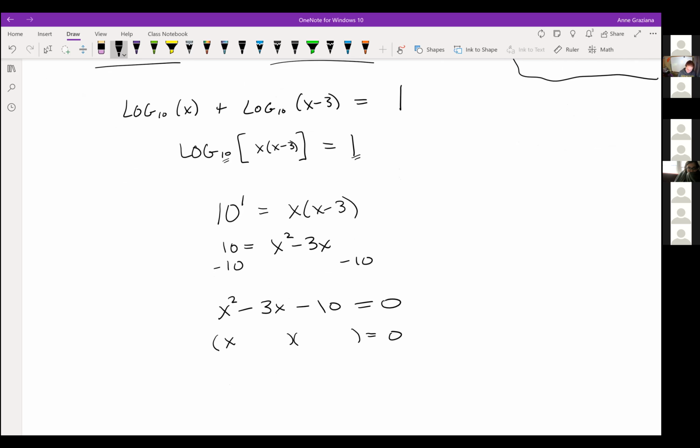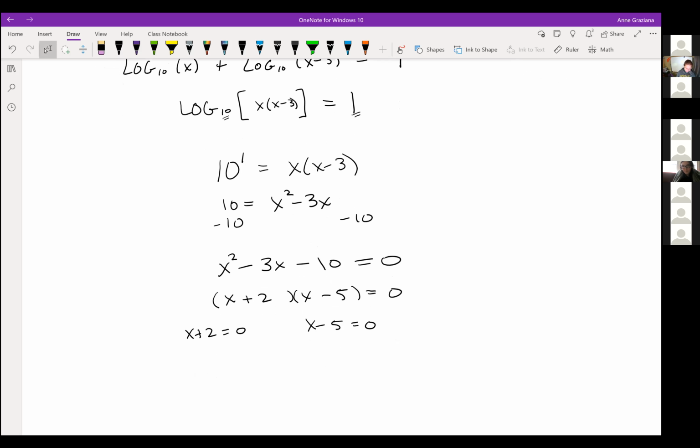So x and x, how does it factor? Plus 2 minus 5. Sounds good. And we solve these equations. So this is a 0 product property. If you have two things multiplied together, you can set them equal to 0 and they're equal to 0. So x is -2 and x is 5. So let's check.